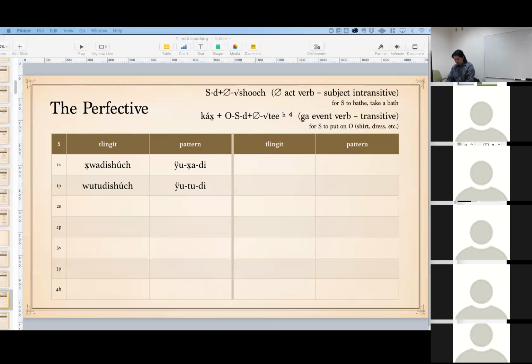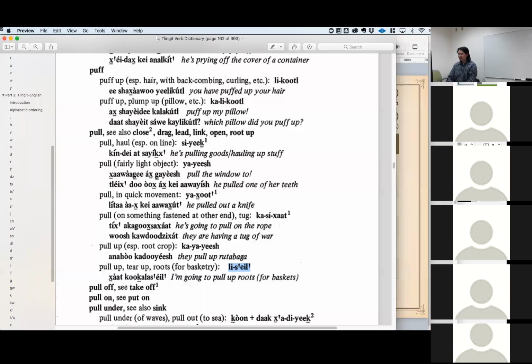My computer's getting angry. So one kind of theory, oops, let me find a different one.